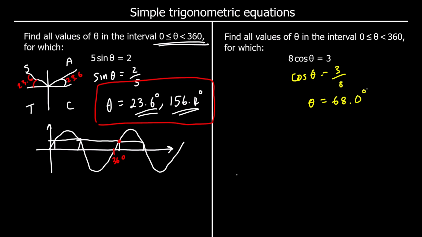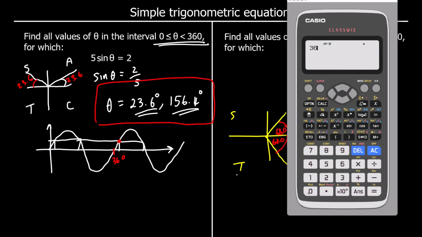What's our second? Again, let's have a look at CAST. So it's 68.0, that's here. Cos is also positive between 270 and 360. So we've got 68.0 here. With cos, to get the second answer, it's always 360 minus the first answer.